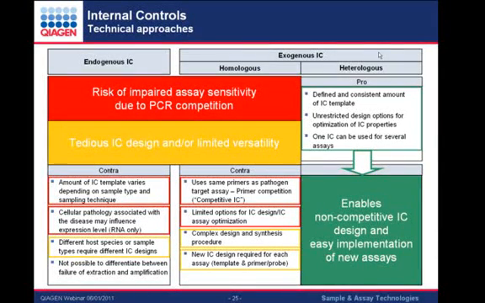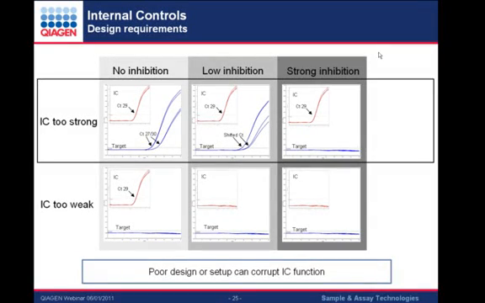However, in the context of process safety and also of simplification of workflows, only exogenous heterologous ICs allow for an IC design and setup that prevents competition of the internal control and the pathogen target. Moreover, heterologous ICs are suited for universal use for several assays, and they make the implementation of new assays easy.